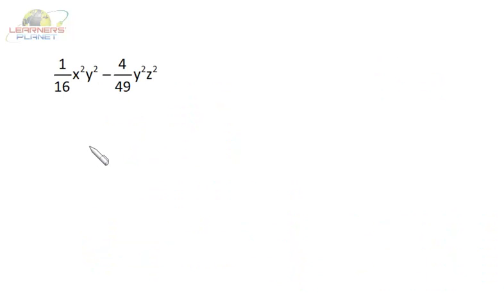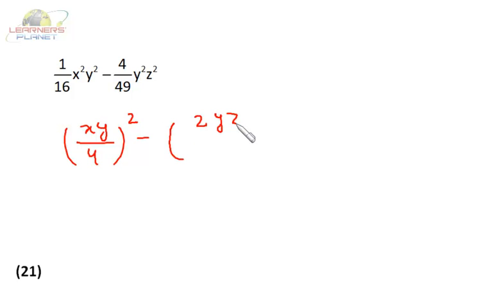Now let's factorize this fractional algebraic expression. Friends, you don't have to worry much about it. It's quite similar to the previous ones. It's xy by 4 whole square. You can see it's x square y square, that is x square y square, and it is 4 square. And it is 2yz by 7 whole square.